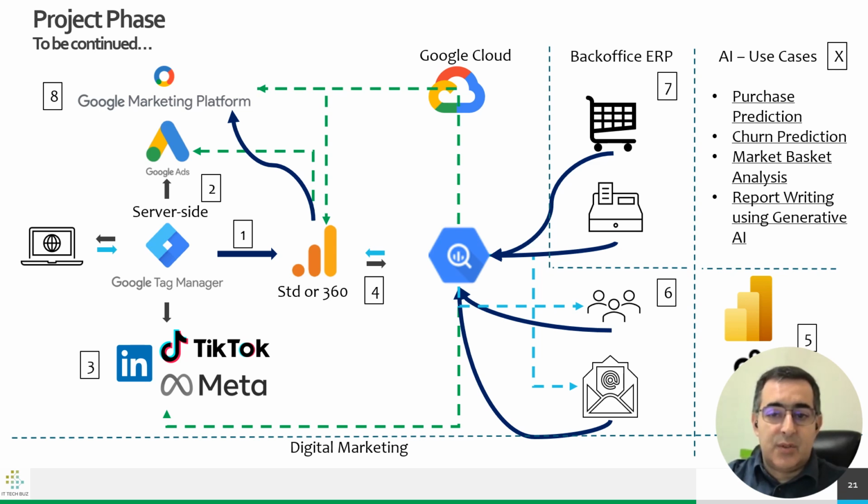And the thing is to use Google Marketing Platform, using Google Cloud as well and BigQuery, to send information across. And we have here even standard GA4 or 360. Like I said, I put it here across, but this can be done in almost all phases. It depends on the data that we have.